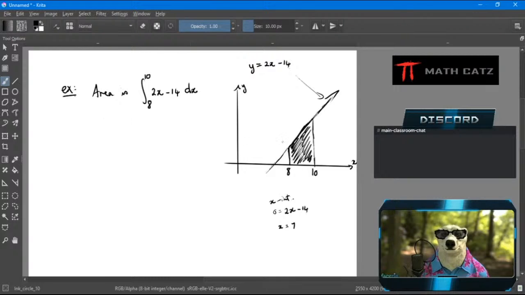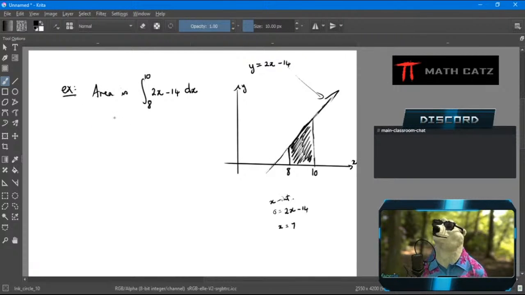But for the cases where this top boundary is more curvy, I can't use simple geometric formulas anymore. I have to unfortunately rely on my calculus. So I leave it to you to confirm that my answer that I get with the calculus route is in fact correct.